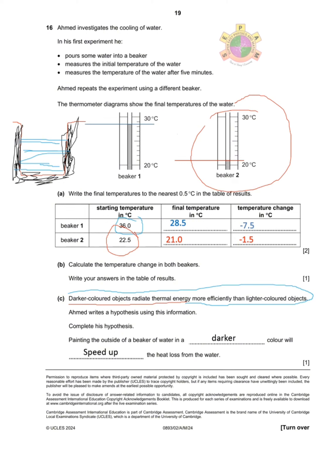So if you have this beaker, and then finally we decide to paint the beaker, let's paint it with black. If you do this, what is going to be the effect? On that beaker, we put our hot water into the beaker.